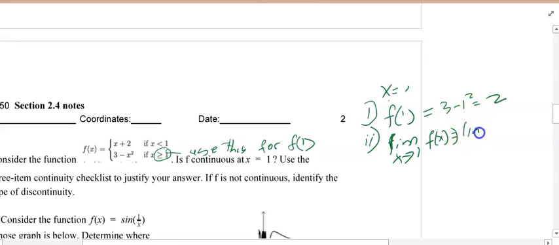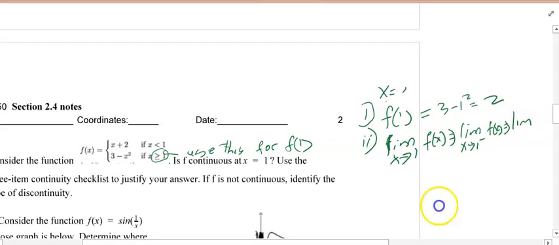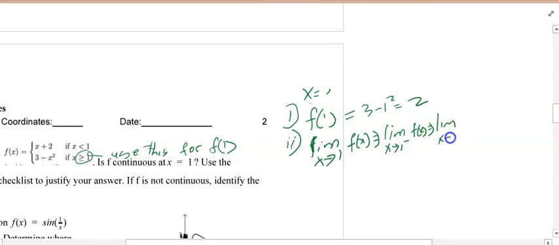So limit as x approaches 1 from the left of f of x is going to be the limit as x approaches 1 of the first function, x plus 2, that will be equal to 1 plus 2 equals 3.